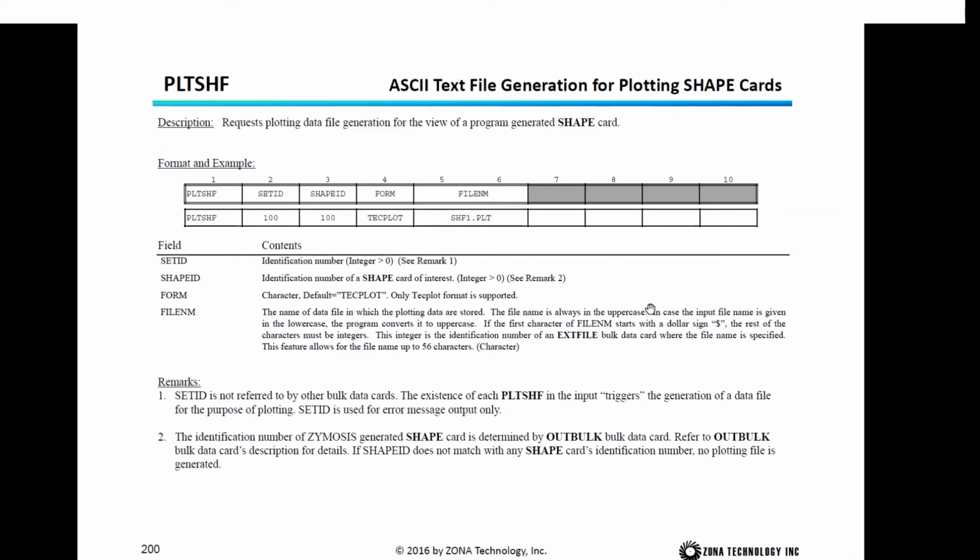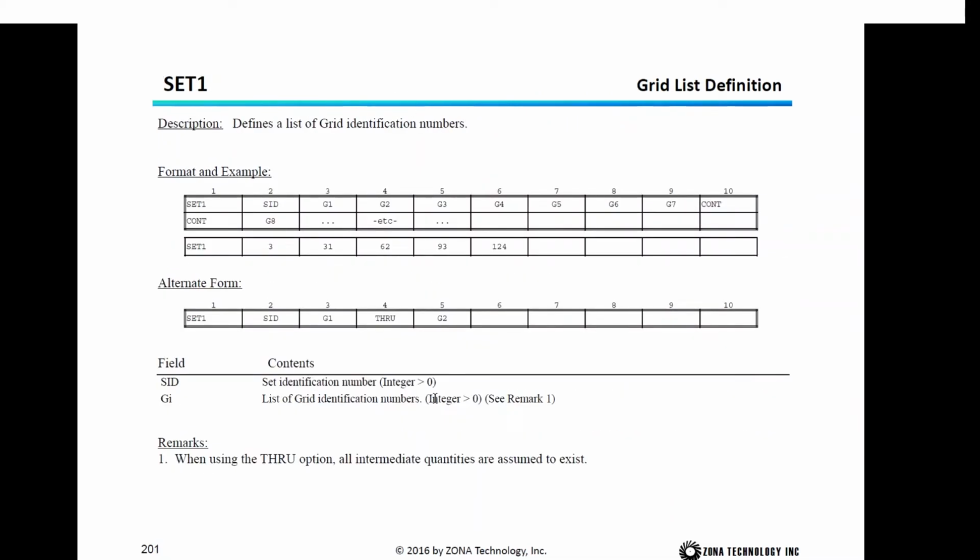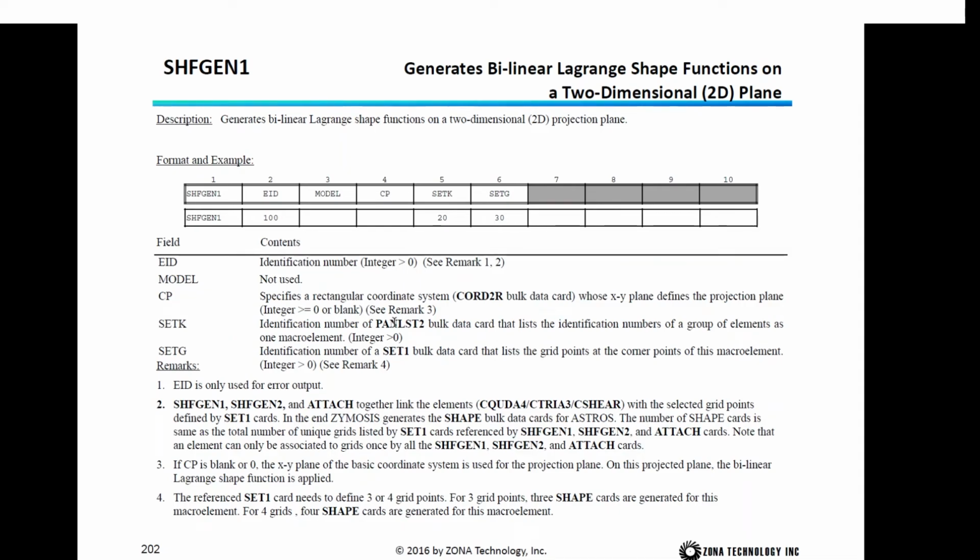PLOTSHAPE allows you to look at the shape functions generated by Zymosis. Again, it refers to a SHAPE class, and SET1 lists a set of grid point IDs, usually the IDs of the corner points of a micro element. SHAPEGEN1 generates bilinear Lagrange shape functions on a 2-dimensional projection plane.